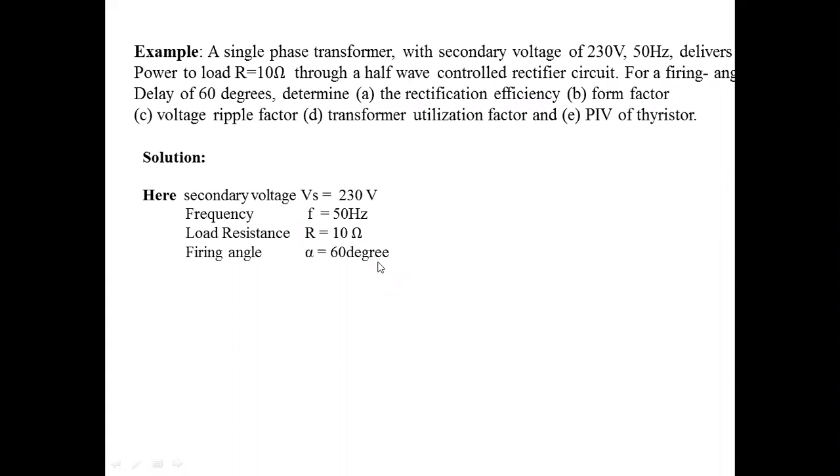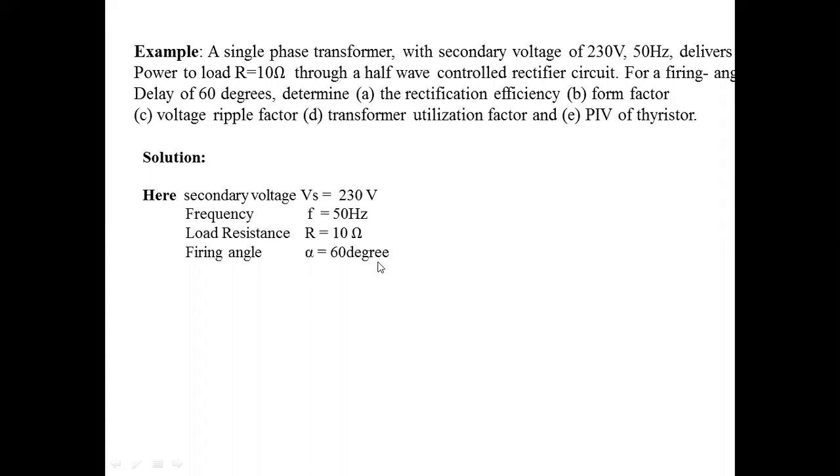Next we go for one problem with respect to resistive load. A single phase transformer with a secondary voltage of 230 volts, 50 Hz delivers power to a load resistor of R equal to 10 ohms through a half wave controlled rectifier circuit for a firing angle delay of 60 degrees.